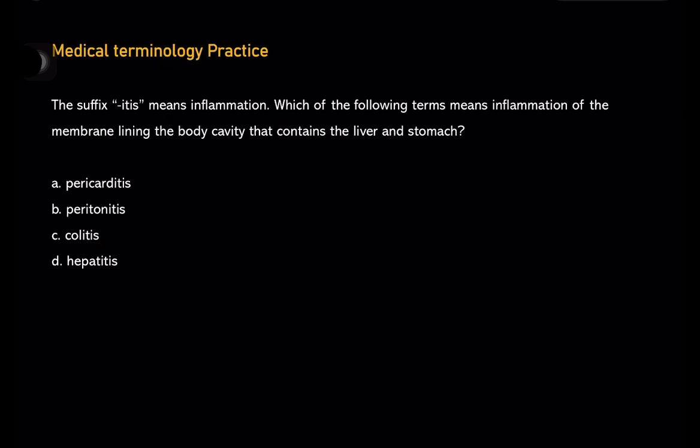Now let's put this medical terminology into practice. Suppose you have a question like this on the exam. The suffix itis means inflammation. Which of the following terms means inflammation of the membrane lining the body cavity that contains the liver and the stomach? We know the liver and the stomach are in the abdominal region, right? And the membrane of the abdominal body cavity is called the peritoneum.